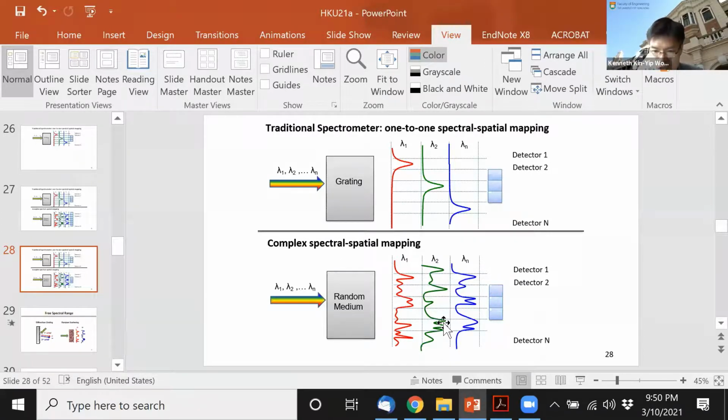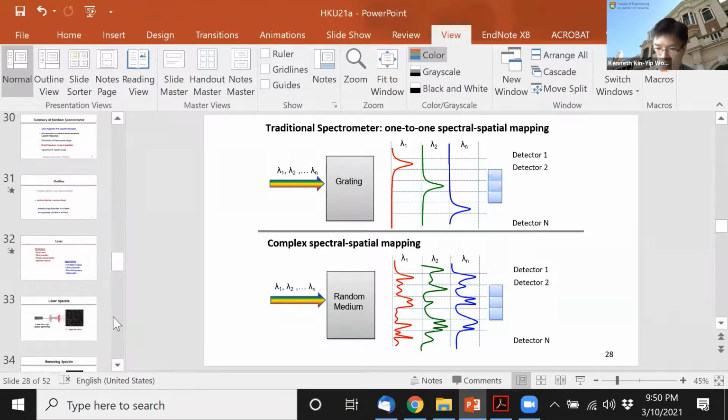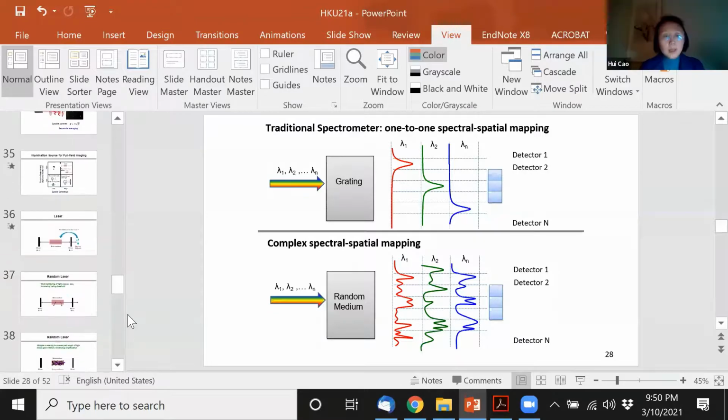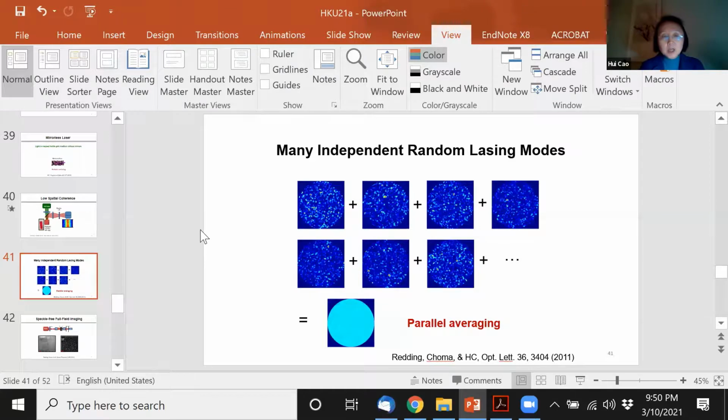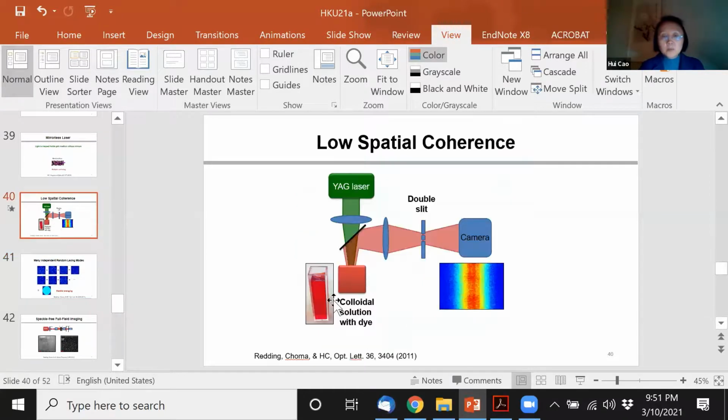Another question is from Danica Zhong. The question is how to generate different patterns through the random laser. All these different patterns are generated by the spatial distribution of the scatterers inside the disordered medium.